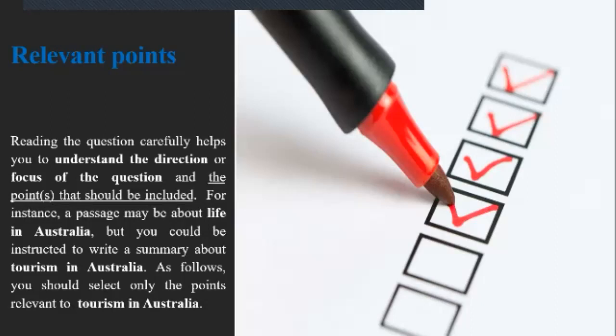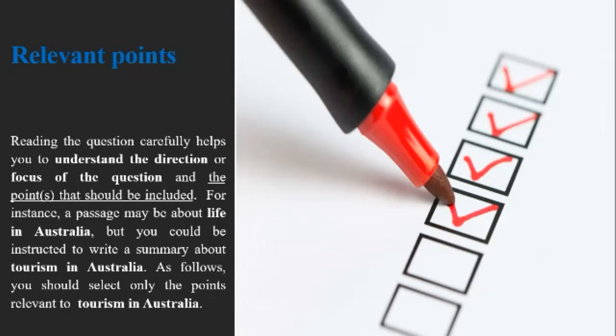But let me say this. I've given an example here in the PowerPoint. Let's say you come across a text in your booklet and the text focuses on life in Australia. That is the focus of the text. However, the summary question says you should summarize tourism in Australia. Now, tourism in Australia is embedded in life in Australia.